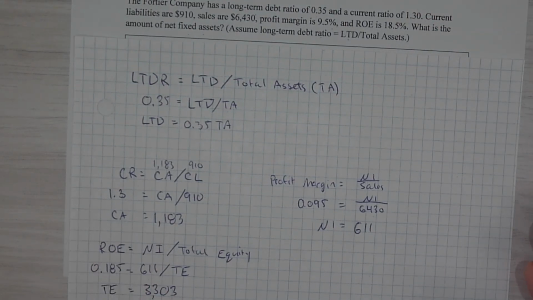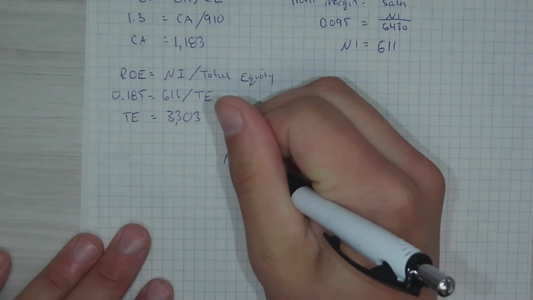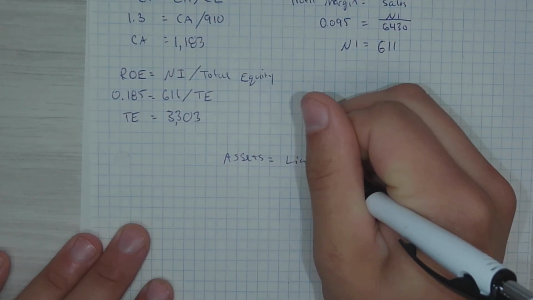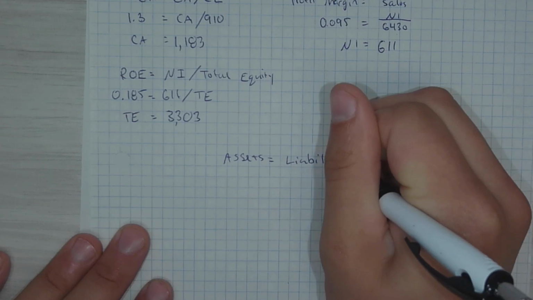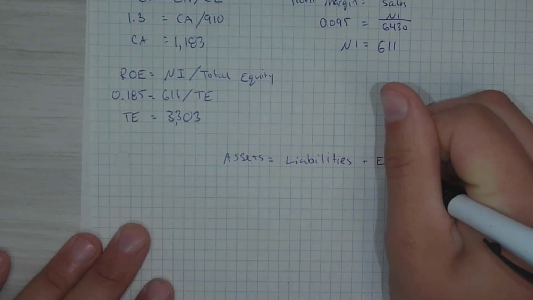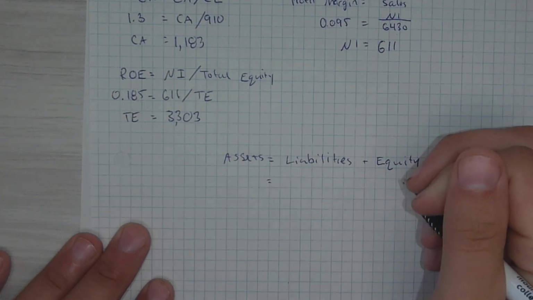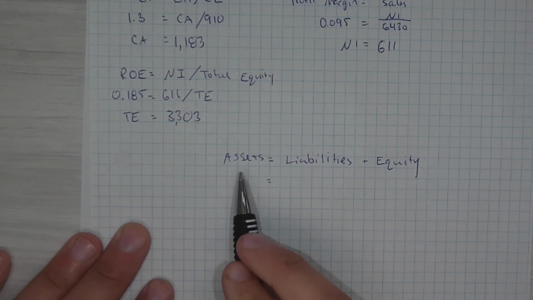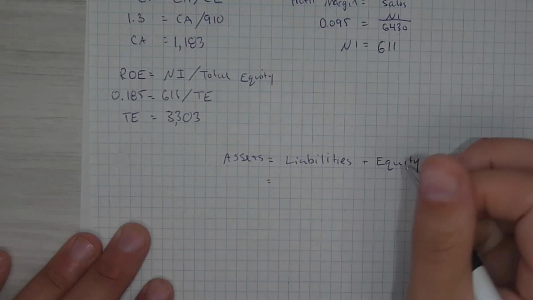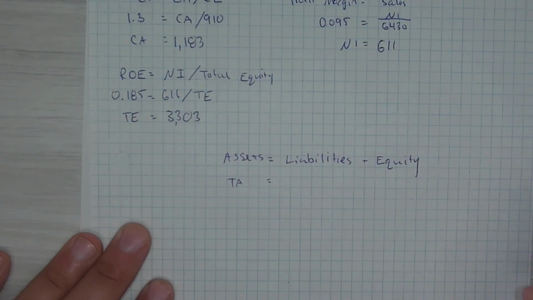And the reason why we do that is we want to use our accounting equation. So our assets equals liabilities and equity. What do we already know about our liabilities and equity? Well, our assets we don't know, pardon me. So our total assets is here.